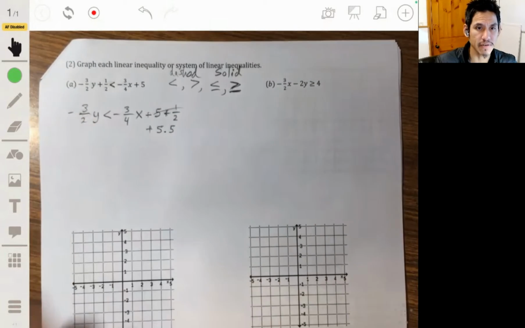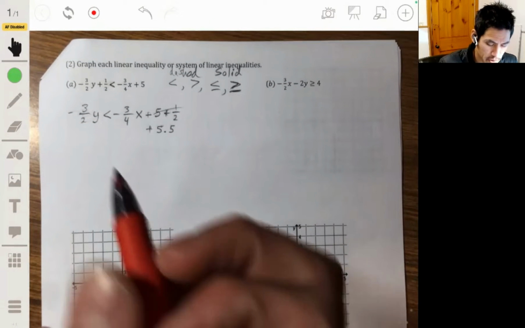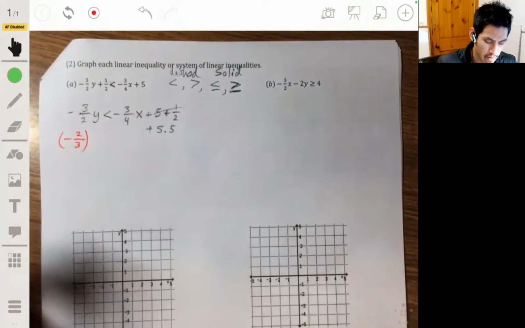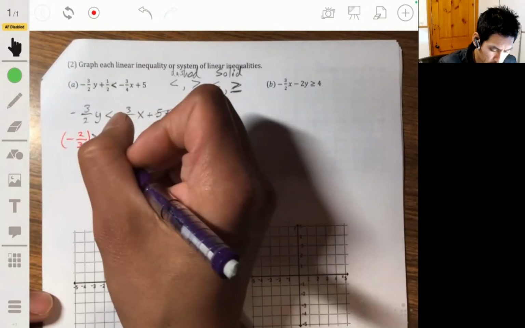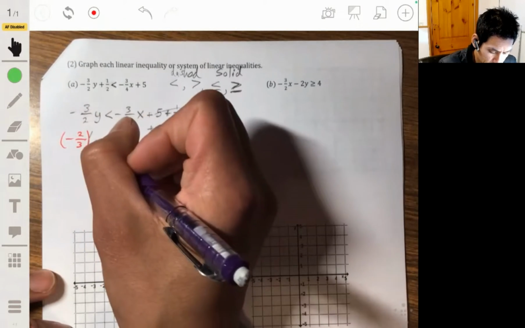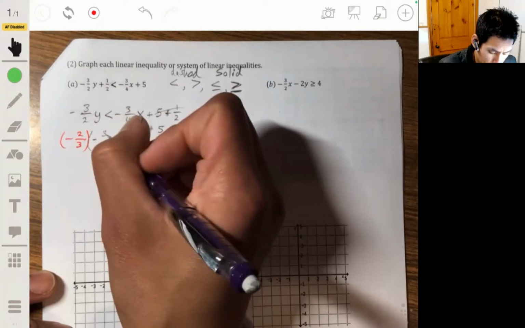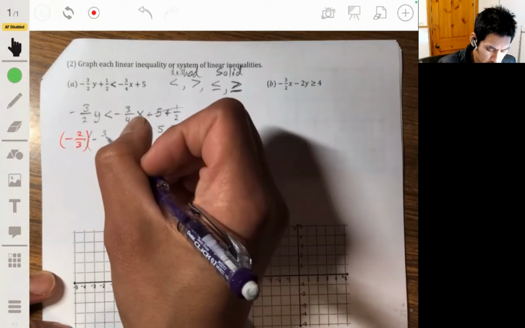Now, we need to get rid of this negative 3/2. So we're going to multiply everything by negative 2/3. I'm going to go through all the work. So multiply everything by negative 2/3 because that's the reciprocal of negative 3/2.